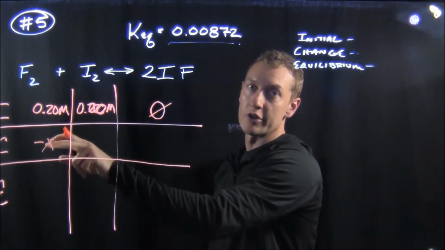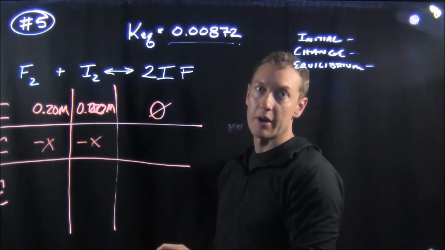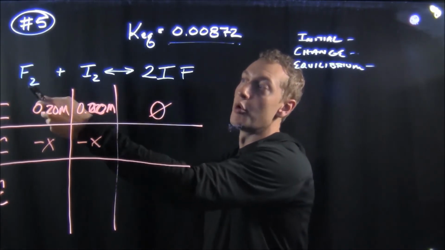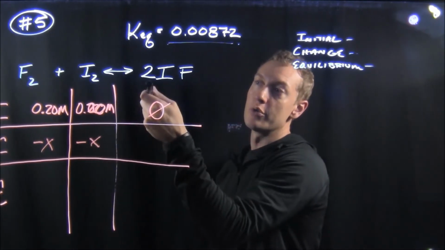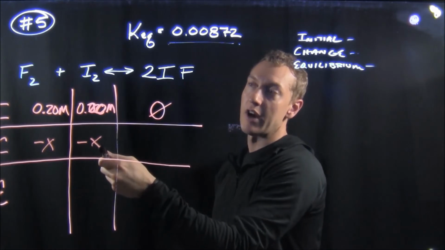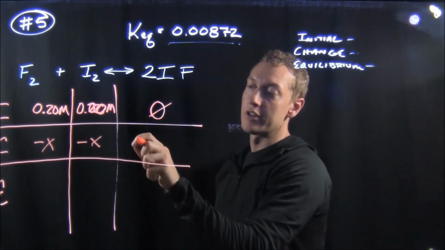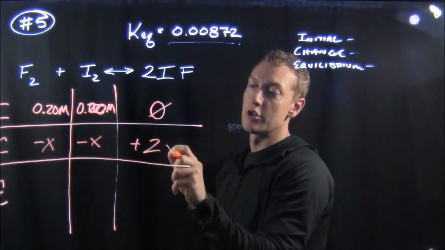So if fluorine decreases by X amount, iodine is also going to decrease by X amount. And since the mole ratio is 1 to 1 to 2, if I use X amount of fluorine and X amount of iodine, then the iodine monofluoride is going to increase by 2X.